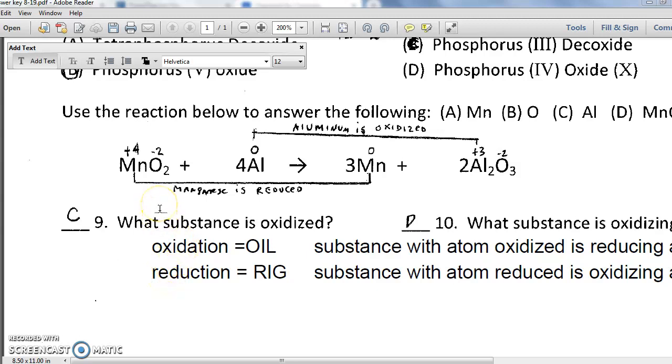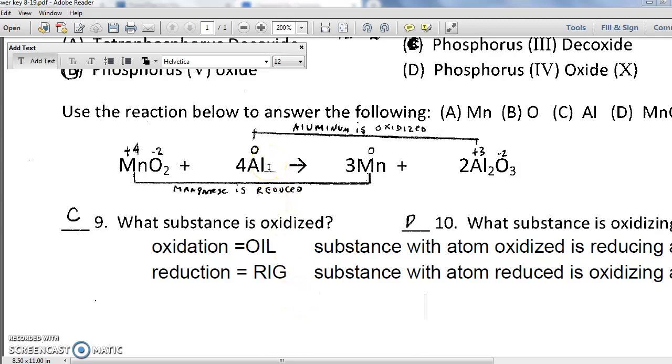A very easy way to identify a reaction as being oxidation reduction is you will note that there is an element on one side or on the other side, all alone, not in a compound. It can be on one side, the other side. That automatically makes it oxidation reduction, because if you remember, an oxidation reduction reaction has atoms that are oxidized or reduced.